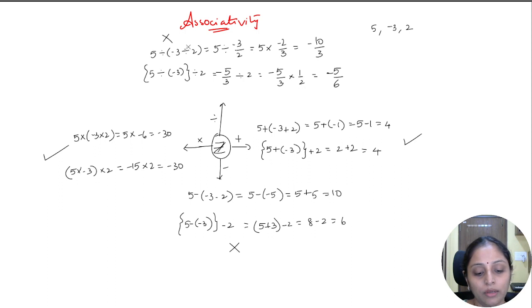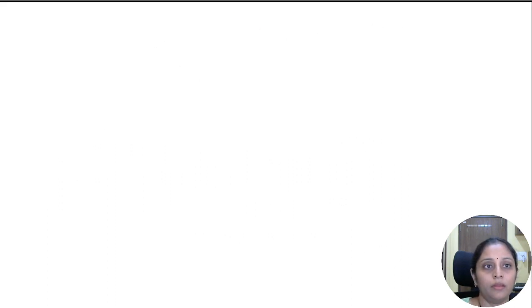Now coming to our rational numbers. So here, associativity for the set of rational numbers. Take any three rational numbers, right?